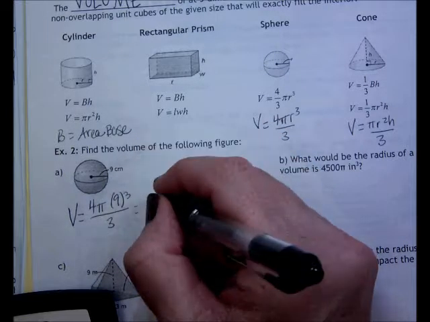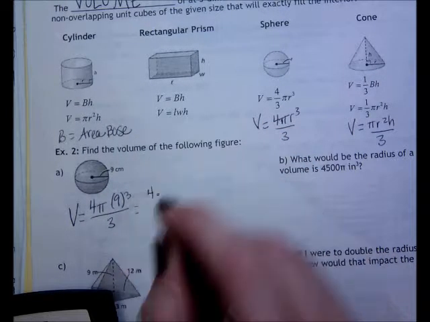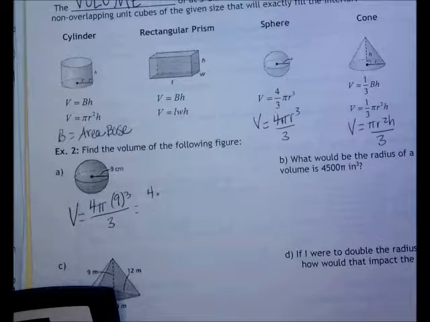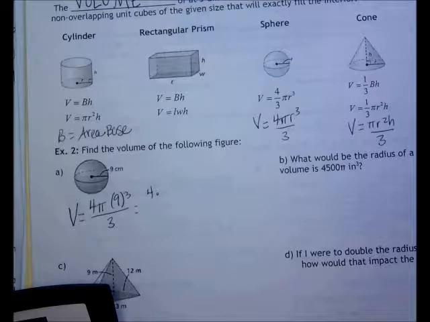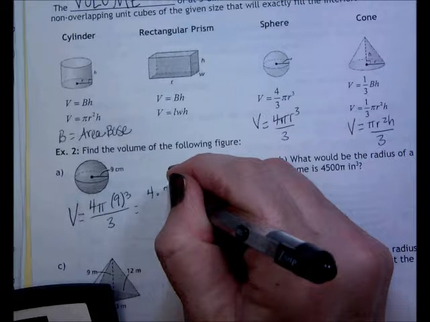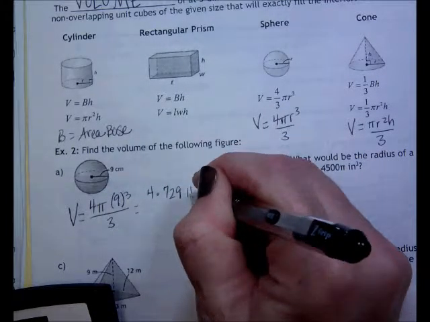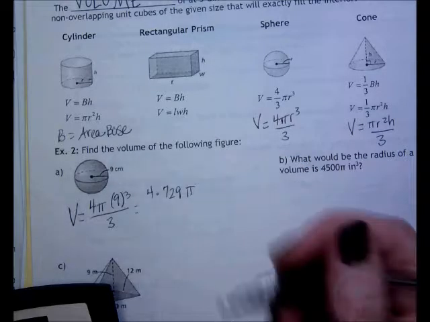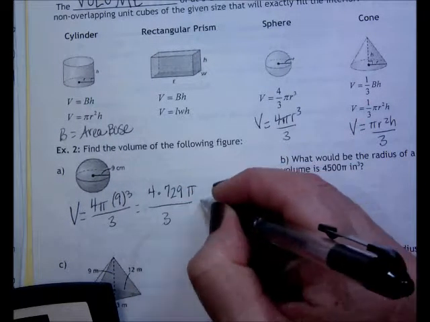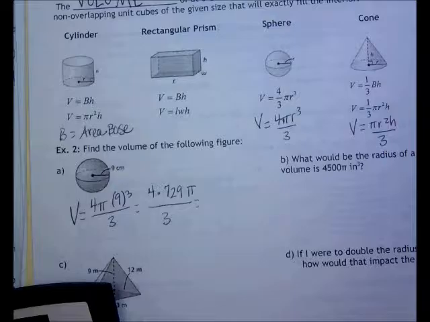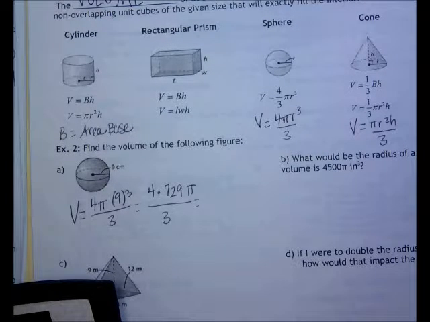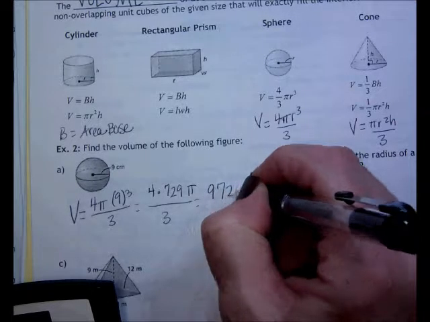If it's in terms of pi, I'm going to take 4 and multiply it by 9 cubed. 9 cubed is actually 729. Then pi is going to be there like a variable in the end, and divide it by 3. So 729 times 4, and then divided by 3, is 972 pi.